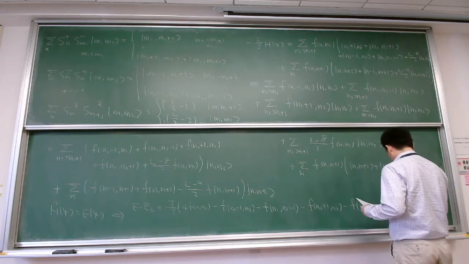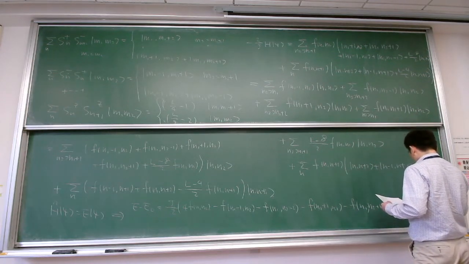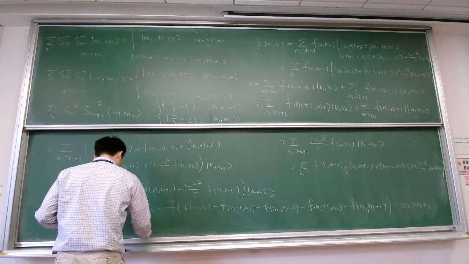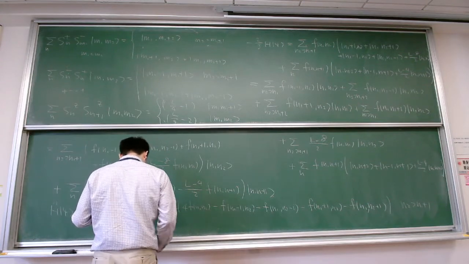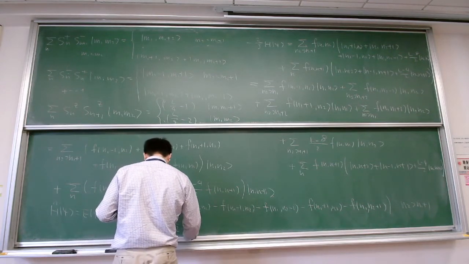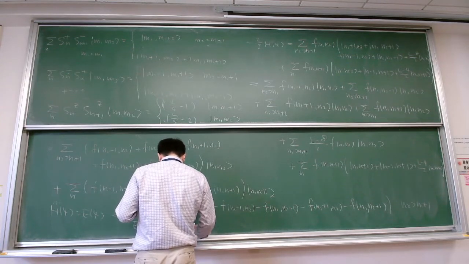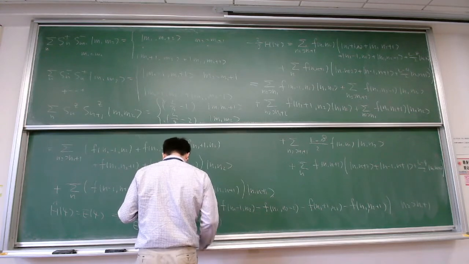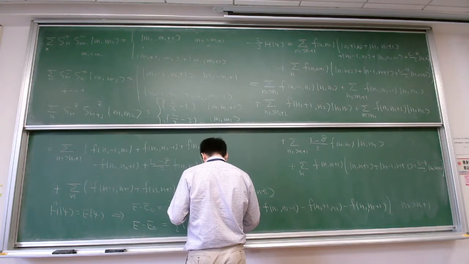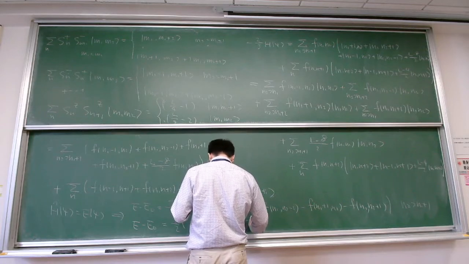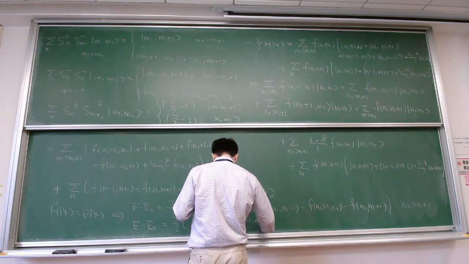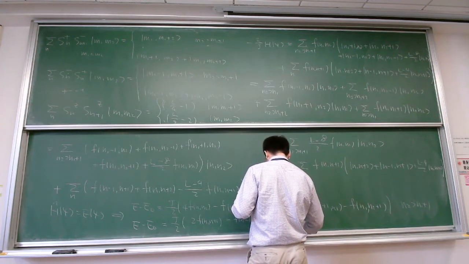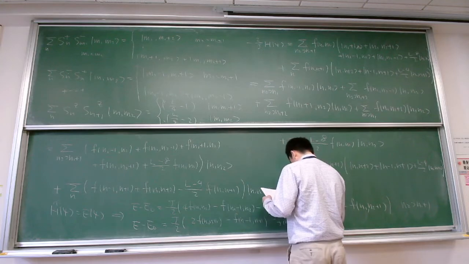Therefore that's it, n2 greater than n1 plus 1. On the other hand, E minus E0 is equal to J over 2 times f n plus 1, n plus 1 minus f n plus 2.